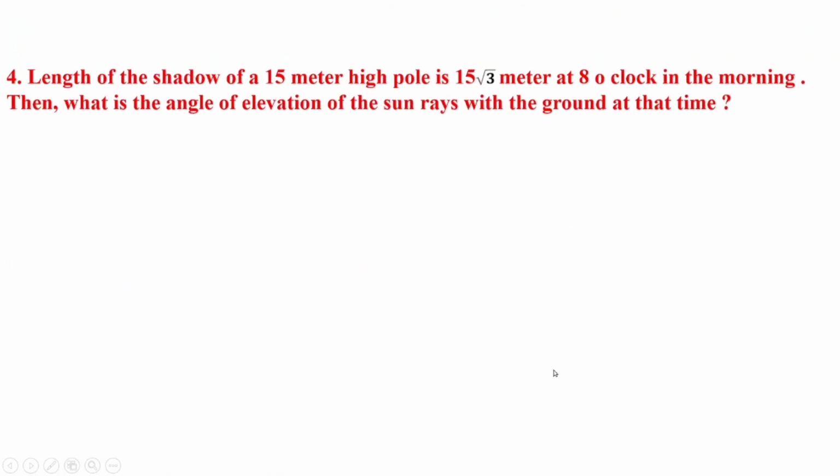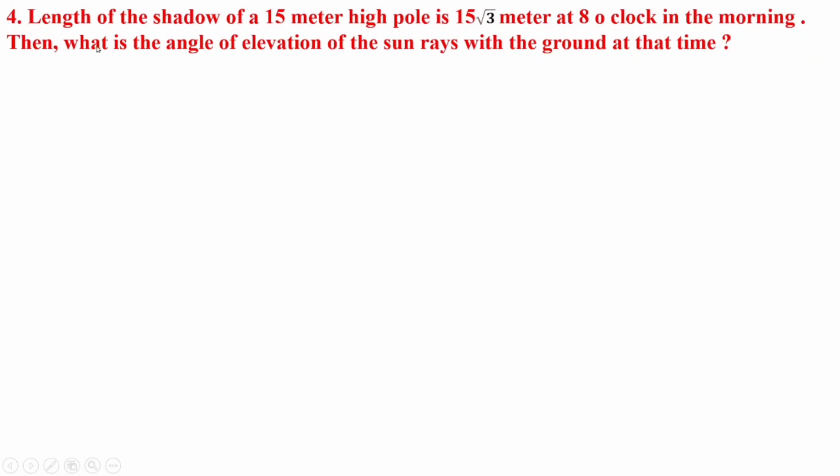Okay, now see the next question. The length of the shadow of a 15 meter high pole is 15 root 3 meters at 8 o'clock in the morning. Then what is the angle of elevation of the sun rays with the ground at that time? Given is a pole whose height is 15 meters.